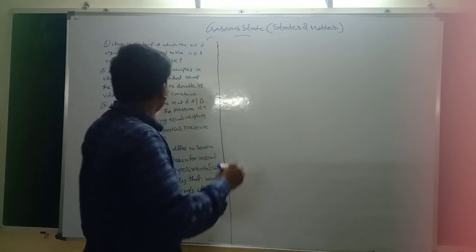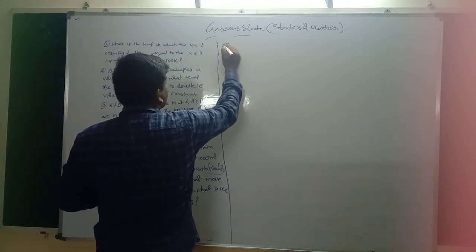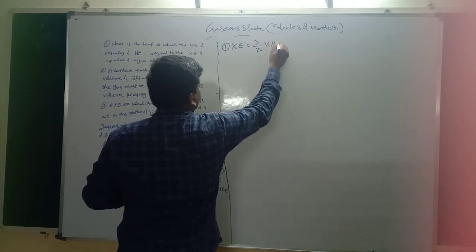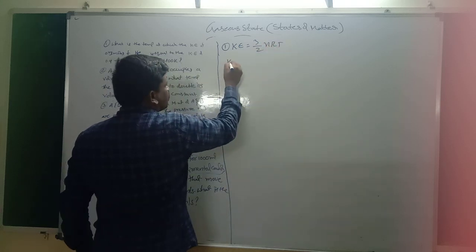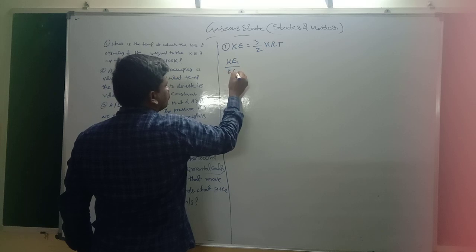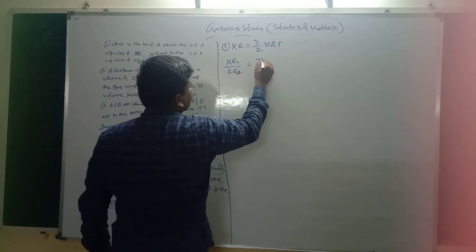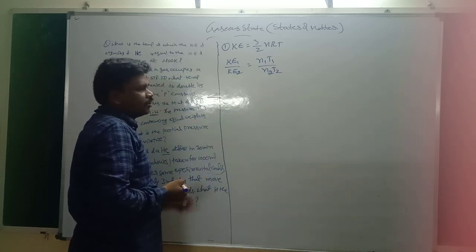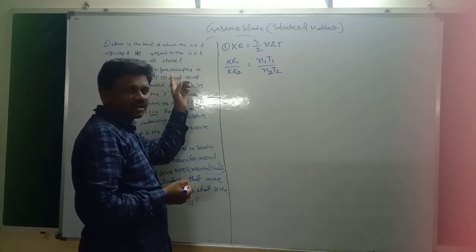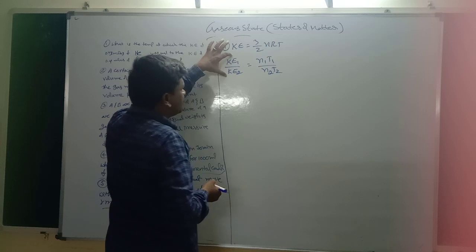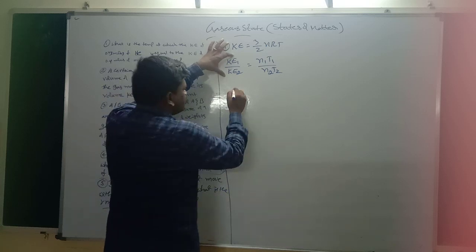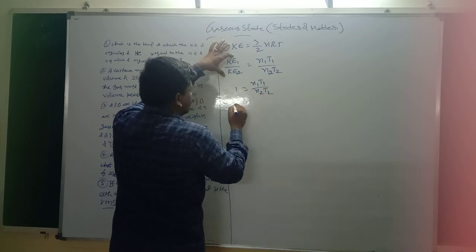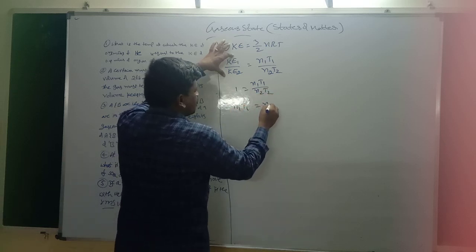The related formula is kinetic energy equal to 3/2 nRT, or KE1 by KE2 is equal to n1T1 by n2T2. If the kinetic energy of two gases are equal, then KE1 by KE2 is equal to 1. That means n1T1 equal to n2T2.